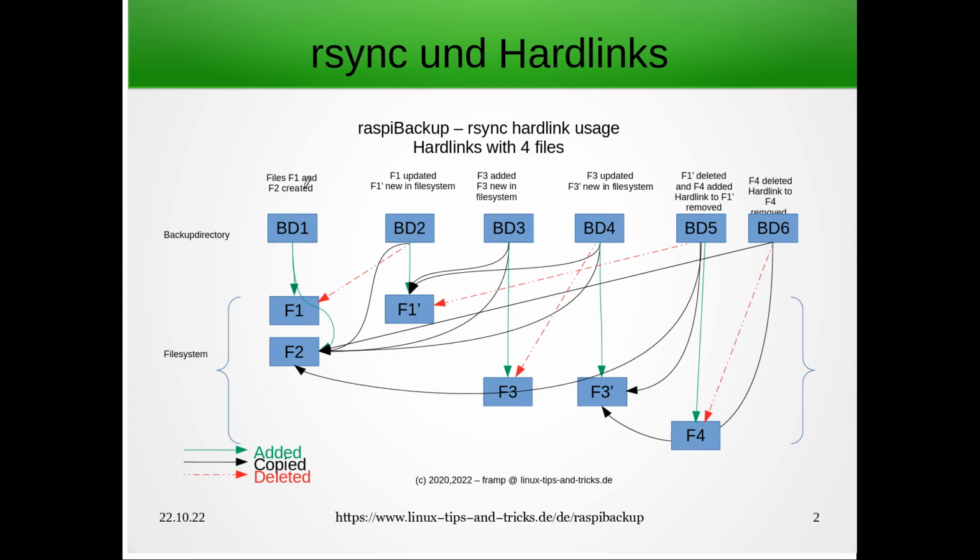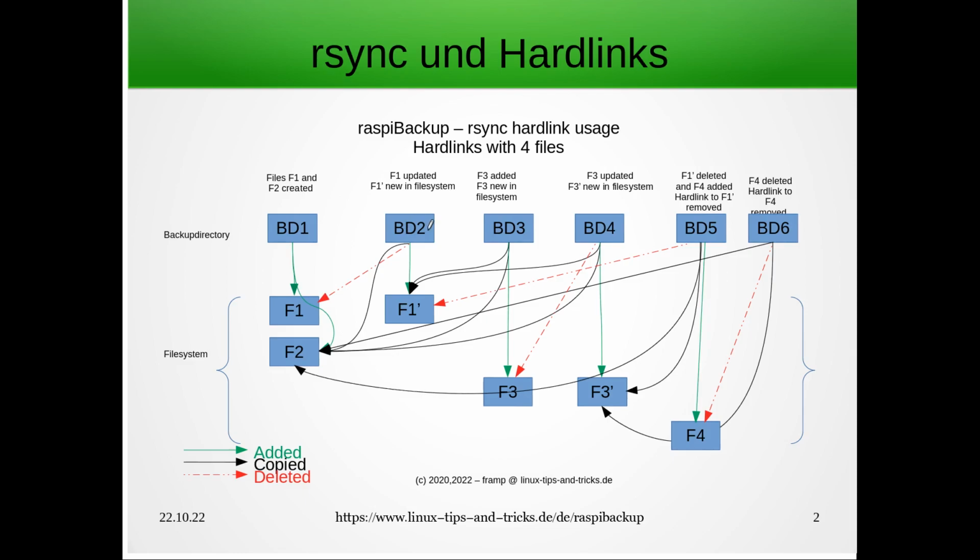So if you create a backup and there exist 2 files, 1 and 2, the first time, these files are copied from the source into the backup directory, and they are linked with these green arrows, because they are created here. Next we have an update of file 1.